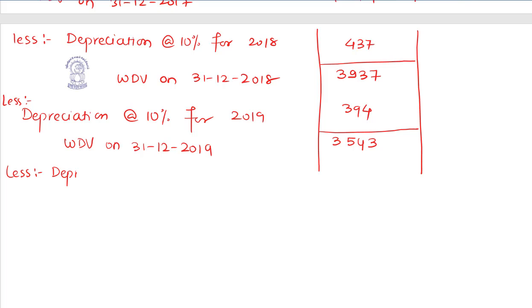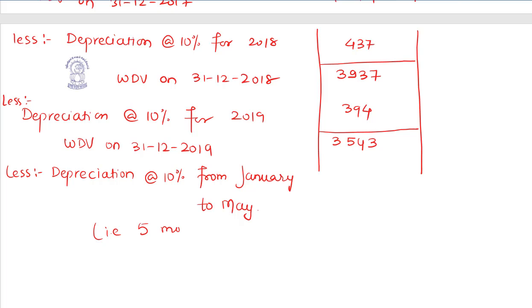Less depreciation at the rate 10% from January to May. That is 5 months.